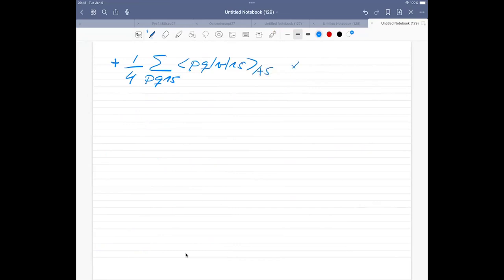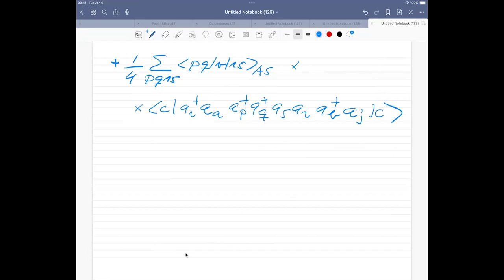This is multiplied with the contraction of AA, AI dagger, and then we have AP dagger AQ dagger AS AR, and then we have AB and AJ dagger here.